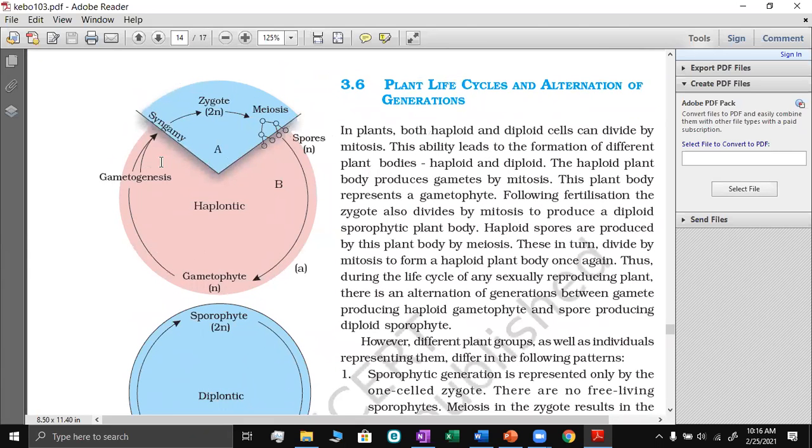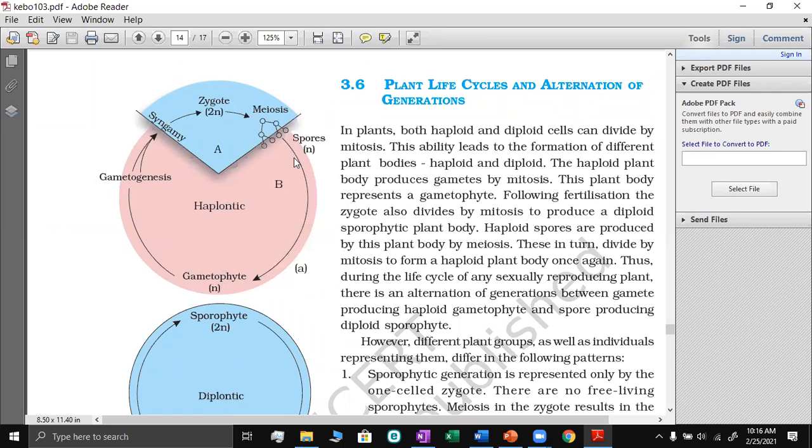This is the life cycle. You can see that it is haplontic. In haplontic, if we see the total life cycle in the form of a circle, then the major part of the life cycle is haploid.